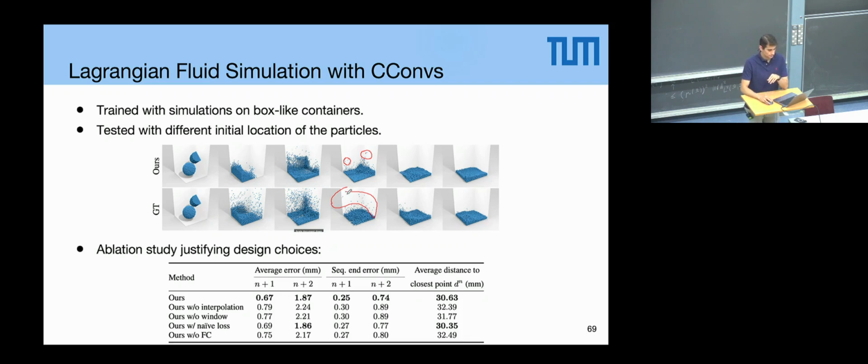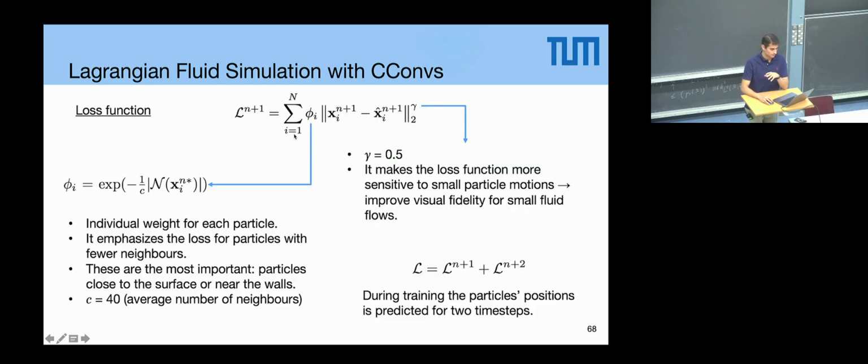That's why these nodes that have a smaller number of neighbors are given higher importance in their loss function. And for training, they train with a rollout, so they evaluate the model twice and then do backpropagation through the 2 evaluations of the model.